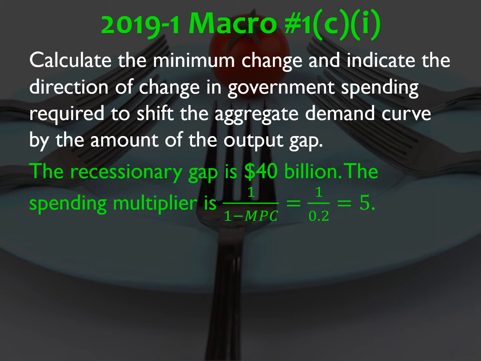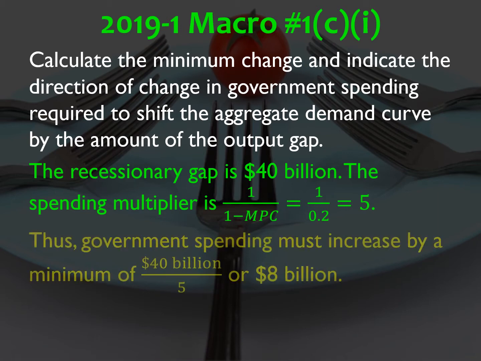So our output gap is $40 billion, the difference between real output at equilibrium and the full employment output. The spending multiplier is 1 over MPS, which is 1 over 1 minus MPC, which is 5. So the government spending has to increase by 40 billion, which is the amount of the gap, divided by the spending multiplier 5, or $8 billion. That's the minimum change in spending that's required to close the recessionary gap.